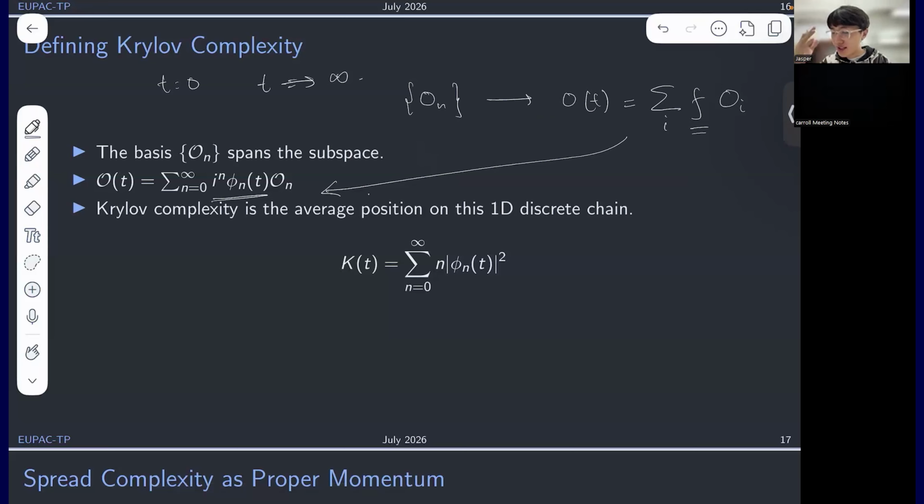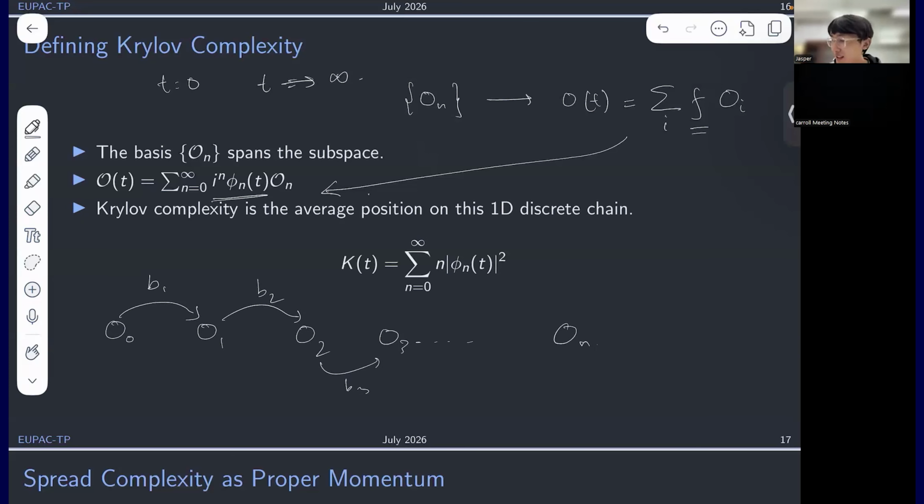We can imagine our operators as O0, O1, O2, O3, On. To go from O0 to O1, we need to hop with amplitude B1, or B2, B3, and so on. This is something like a hopping mechanism, I believe.